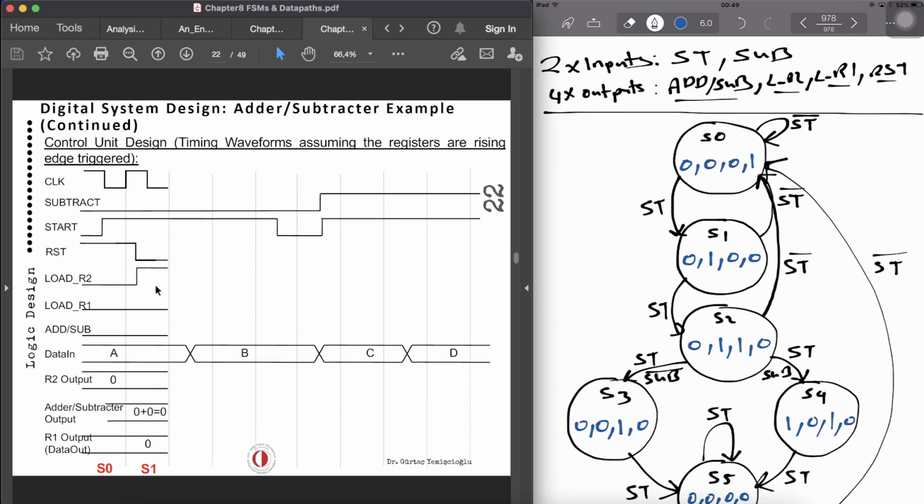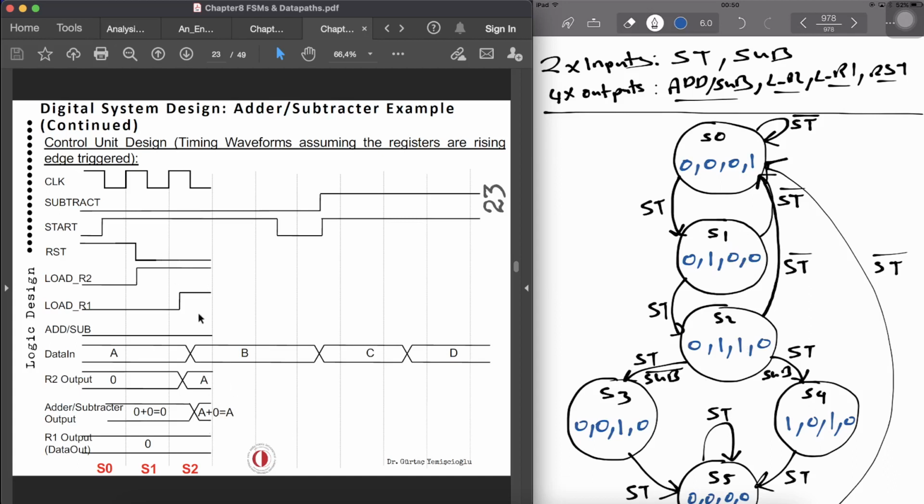When load R2 is asserted, on the next clock edge, the new data will be loaded in. So R2 will have the value of A, data in. So we are in S1, it's completed, and in S2, we have got data in.